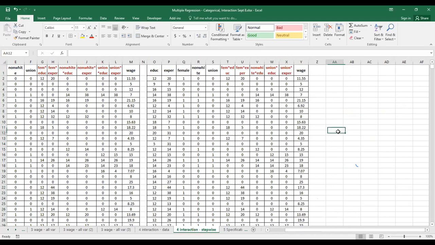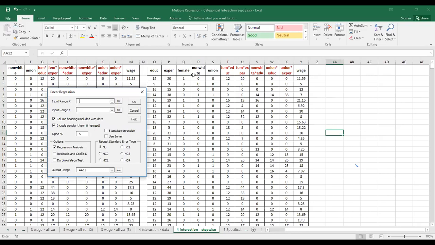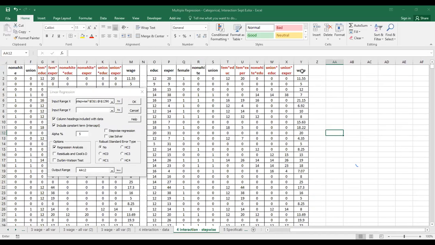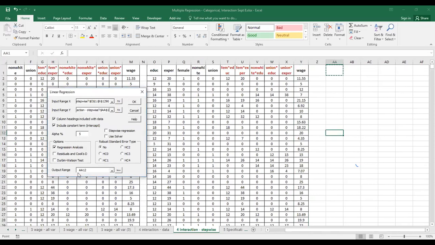So what I'm going to do here is, magre-regress ulit ako. Control M. Regression, multiple. This time, nabawasan na to ng isa, yung pinaka hindi significant. Okay, tapos si X natin, ito. Then same thing, lagay natin dito sa AA1.